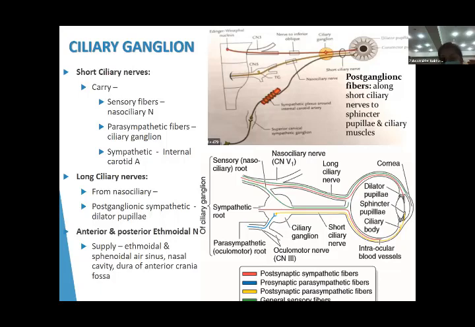The long ciliary nerve branches off from the nasociliary. It carries sensory fibers to the eyeball, conjunctiva, cornea को supply करती है. Plus, it also carries sympathetic postganglionic fibers that go and supply the dilator pupillae.